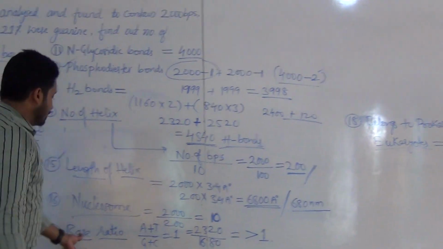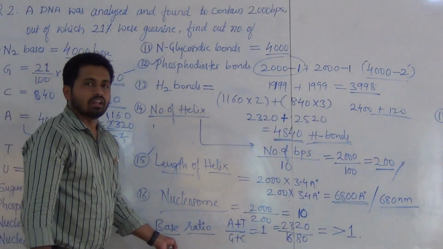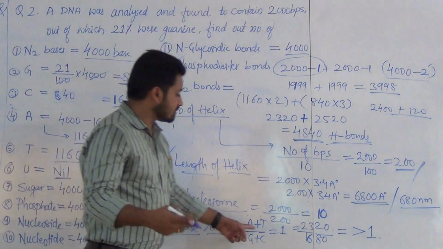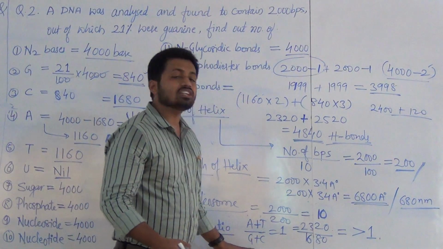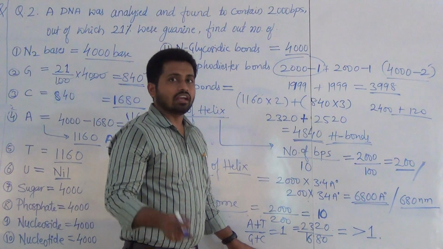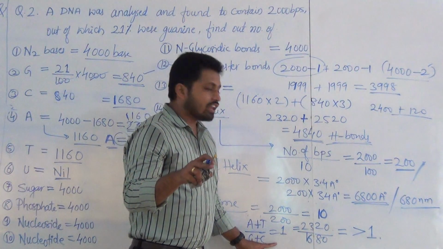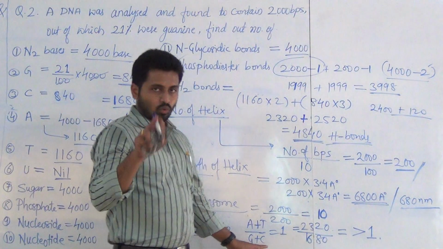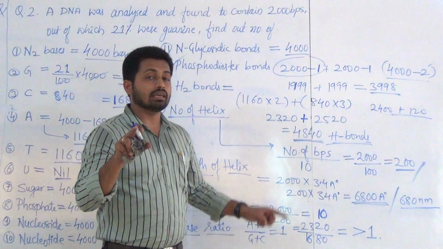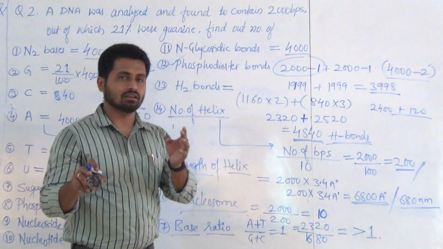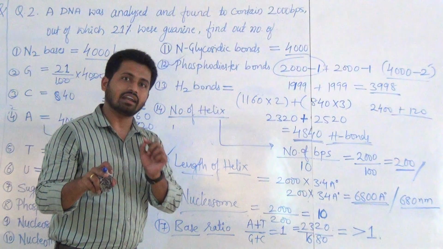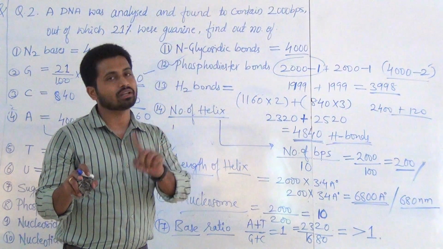Simple. Base ratio, what is that? Nothing but amount of adenine, thymine and amount of guanine, cytosine. Okay. And I told you in eukaryotes base ratio is more than 1. More than 1 because in eukaryotes the amount of adenine, thymine is more than amount of guanine, cytosine.